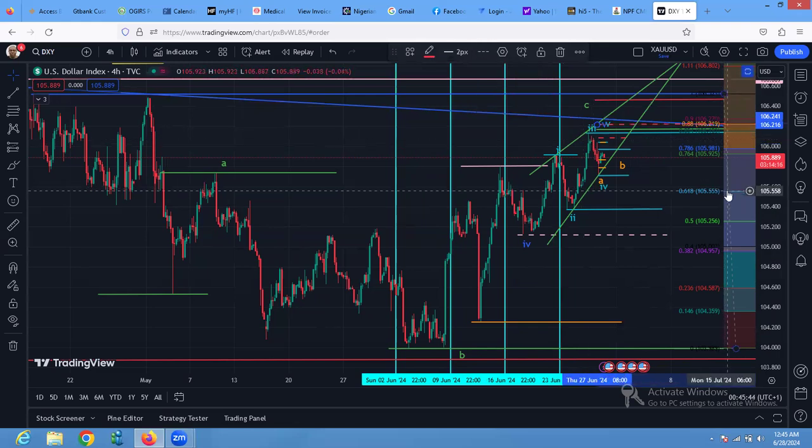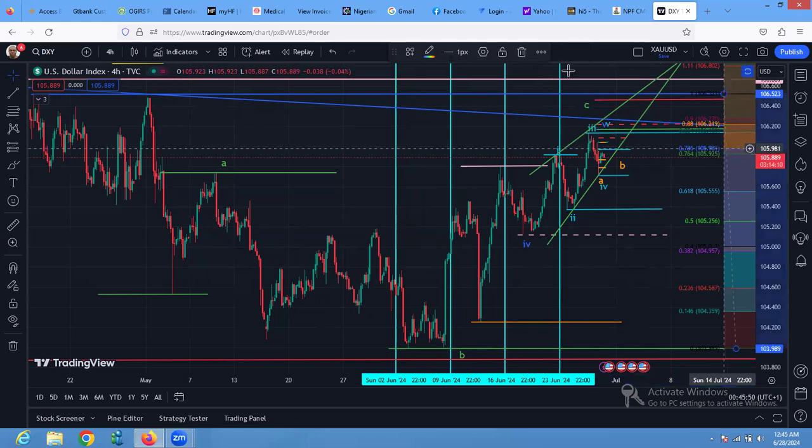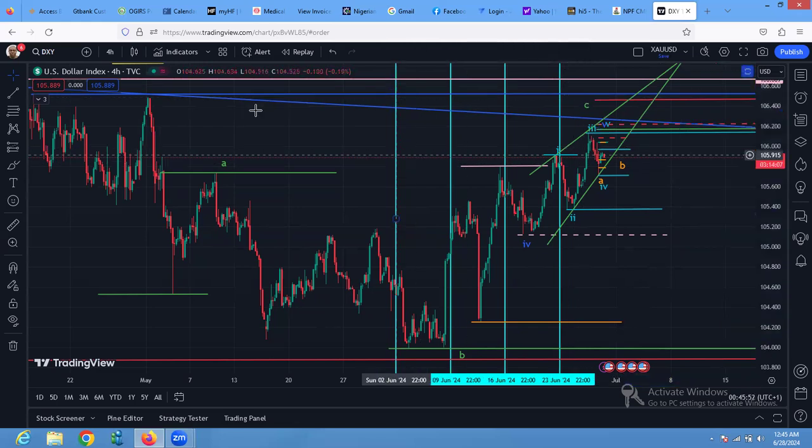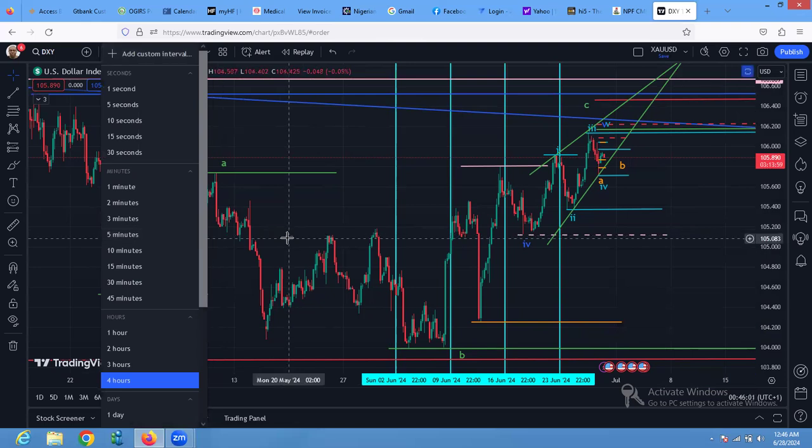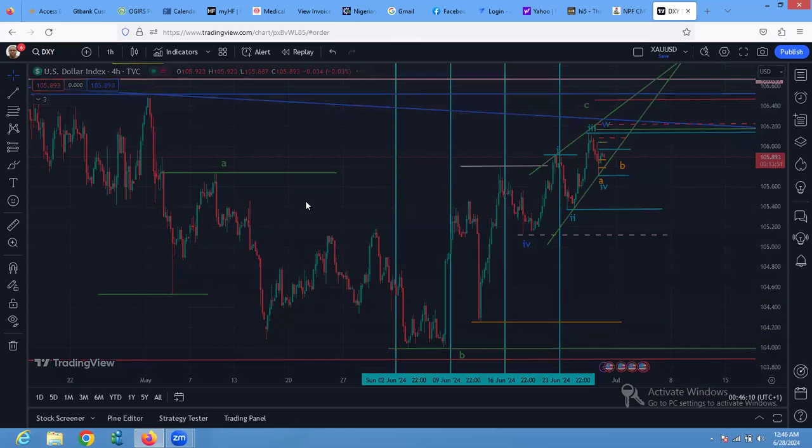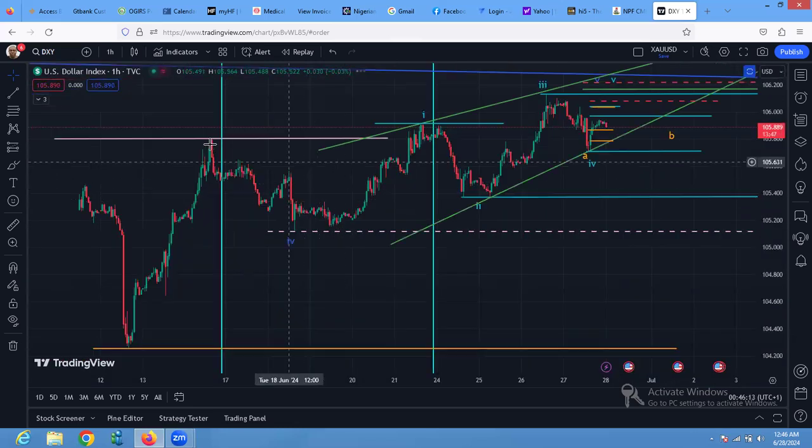Which means that we can still take either the top or just break it slightly, which is at 0.61. So that is what I can see here on DXY. So you can see the way it has narrowed, the angle has narrowed, the wedge has narrowed. So that is what I can see here. We just need to see that action or reaction to break low.